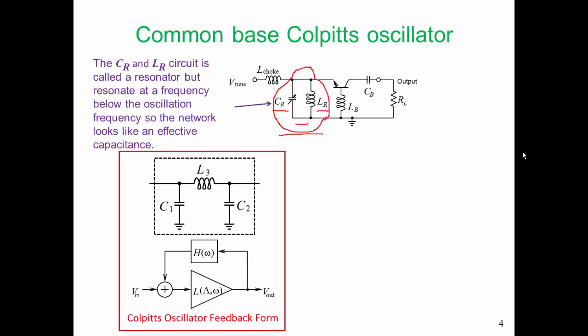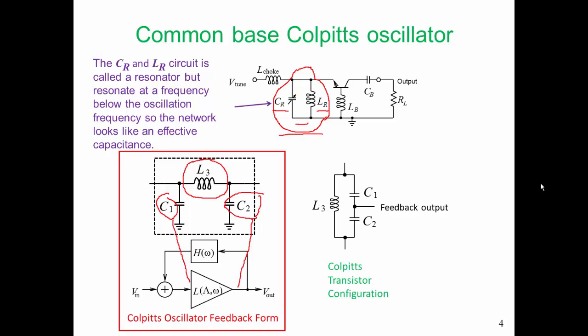Here's the Colpitts oscillator in feedback form. So some of the characteristics are that this capacitance C1 is connected to the input of our amplifier, capacitance C2 is connected to the output, and L3 provides feedback from the output to the input.